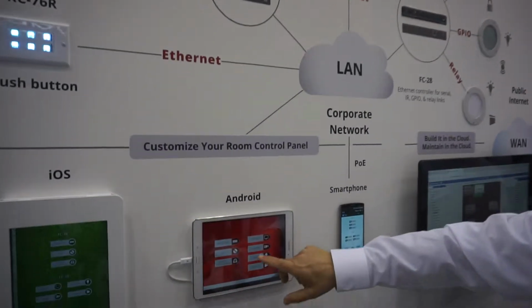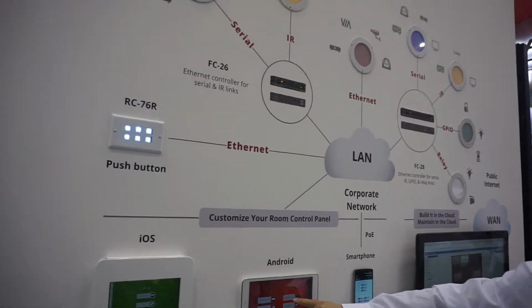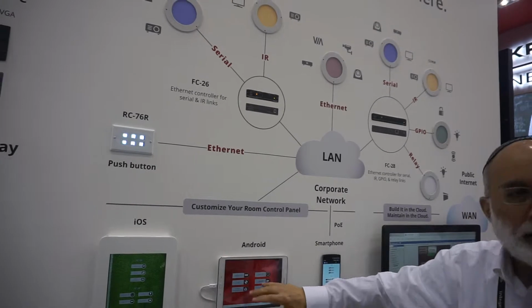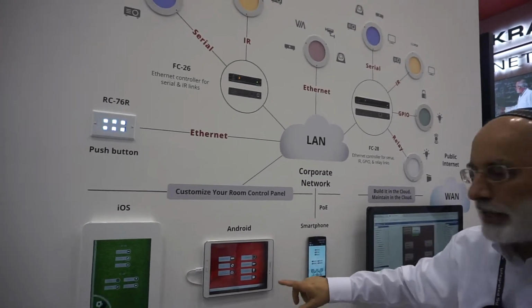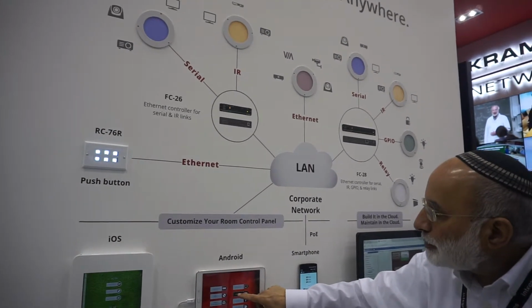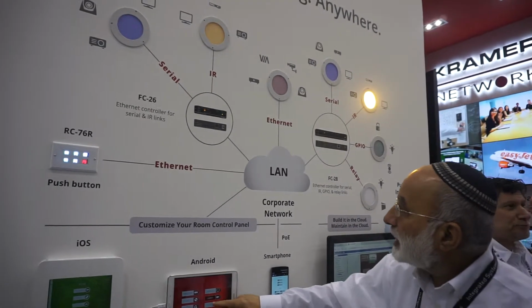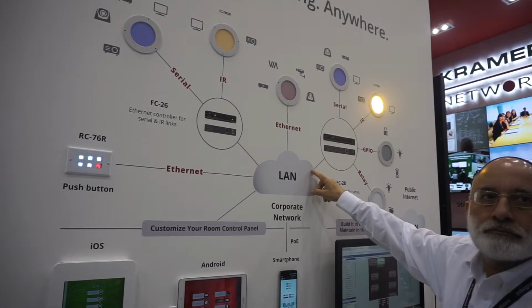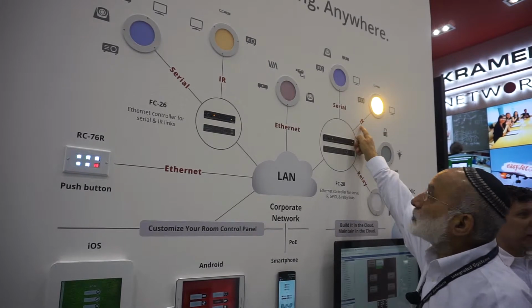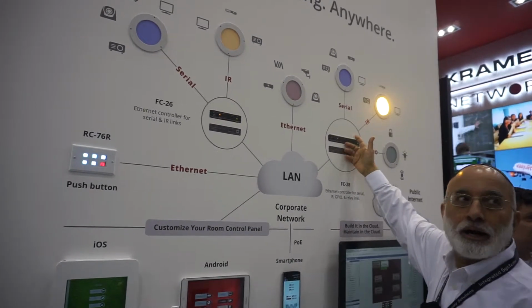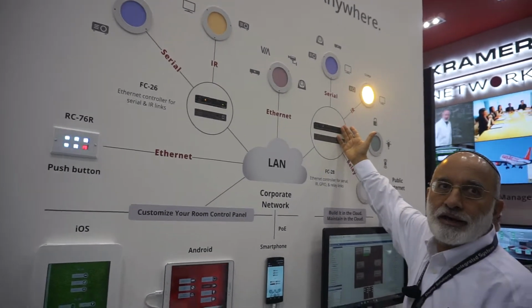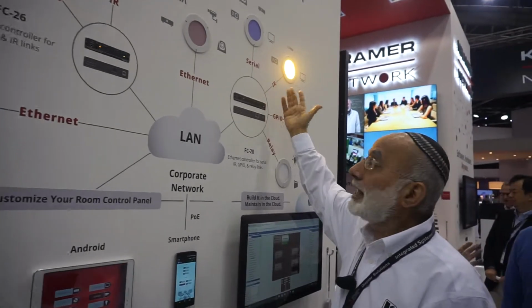So whenever I press for a display, let's say a camera, an IR camera, okay? I press over here, a message is going over the LAN, goes over here, translated to IR, and here I have the LED instead.